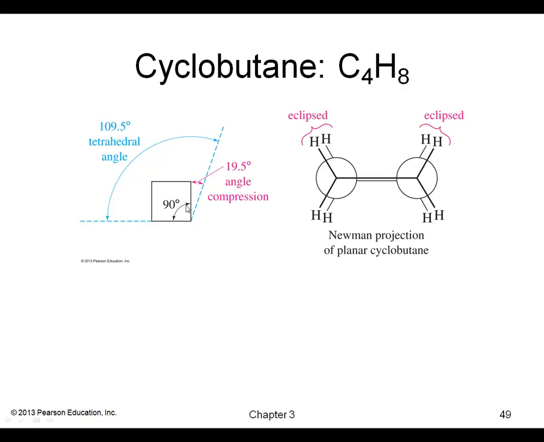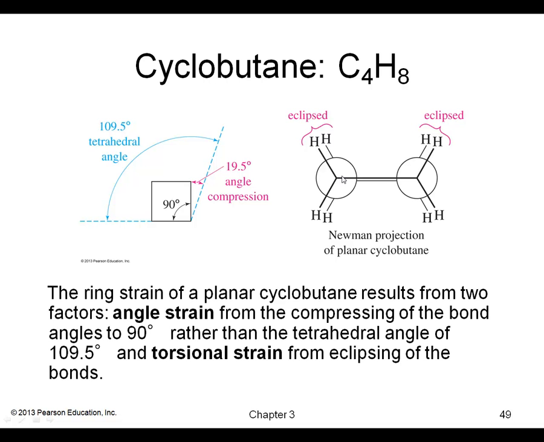Cyclobutane gets a little better. The bond angles go up to 90. So not as far from 109.5, and we have some eclipsing strain from neighboring bonds to hydrogen. So here we have both angle strain and torsional strain to make this cyclobutane not very stable.